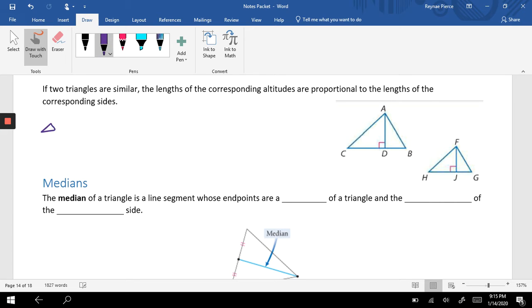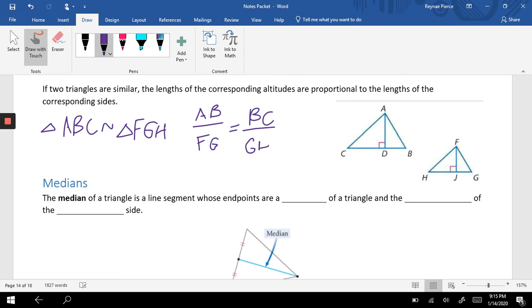So here we've got triangle ABC similar to triangle FGH. All of these corresponding sides, AB and FG, BC and GH, and then AC and FH, that is what we talked about before.